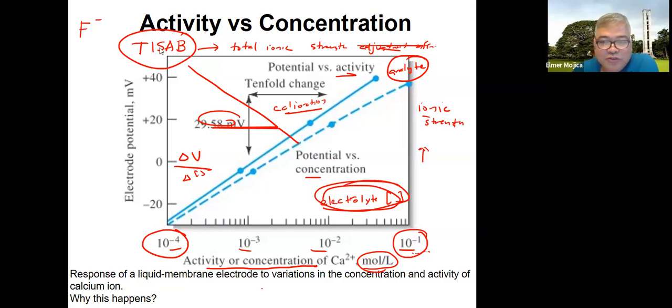But all I know is you need TISAB to improve the reading of your fluoride, especially in complicated samples like water, because there are many other things present in addition to your target analyte.